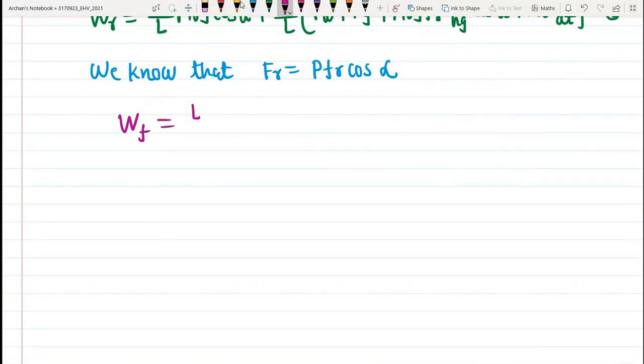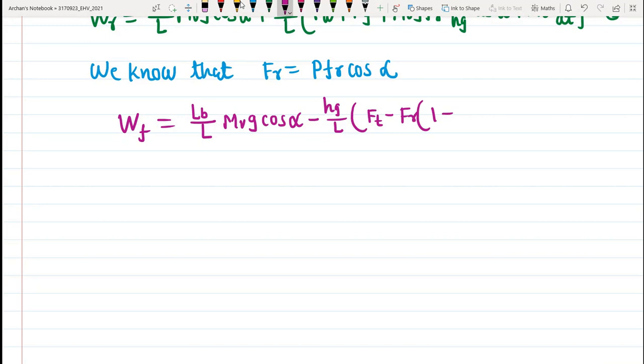Wf is given by Lb by L mvg cos alpha minus hg by L (Ft minus Fr) into (1 minus Rd upon hg).